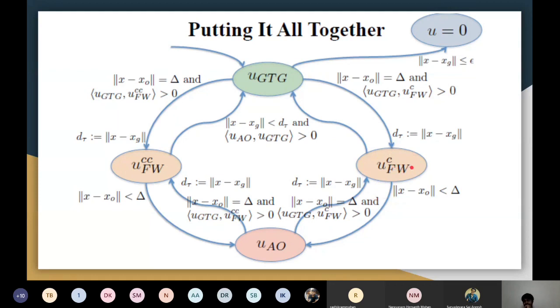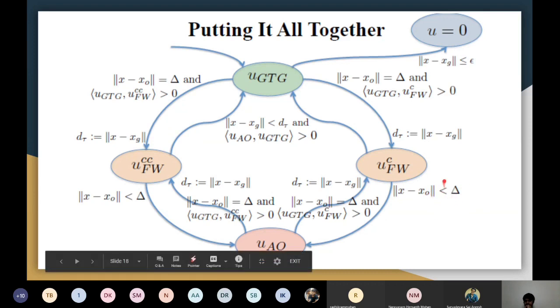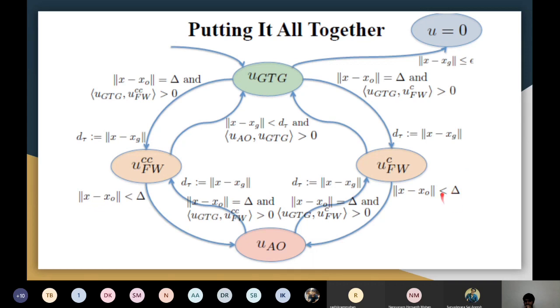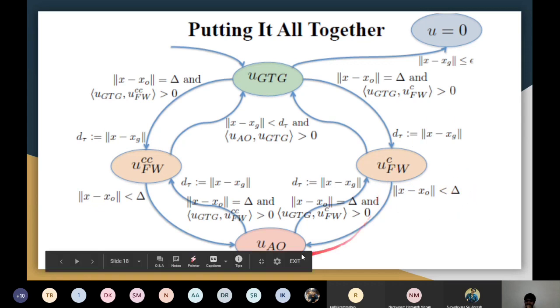Say that some error happened due to some disturbance, and I by chance went too close to my obstacle. If the bot is too close to the obstacle, that is less than delta distance, I'll start following the avoid obstacle behavior. And I stay in the avoid obstacle behavior until I have cleared that obstacle sufficiently.